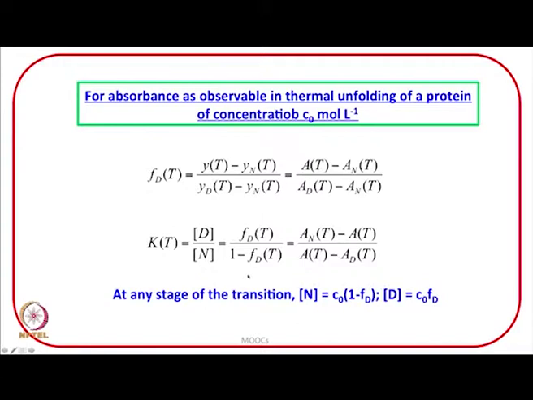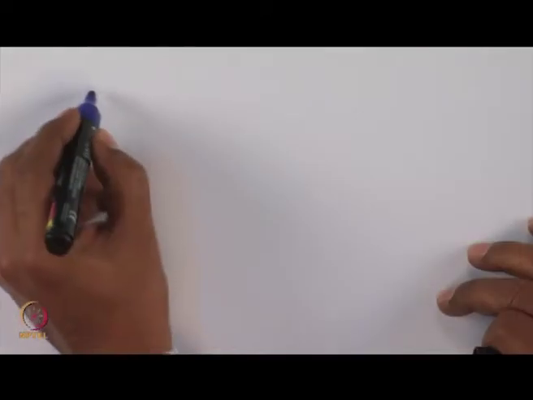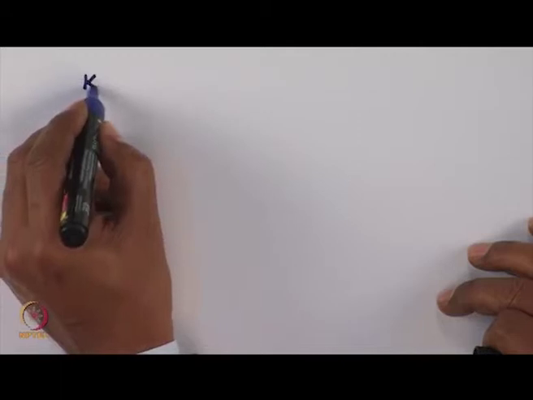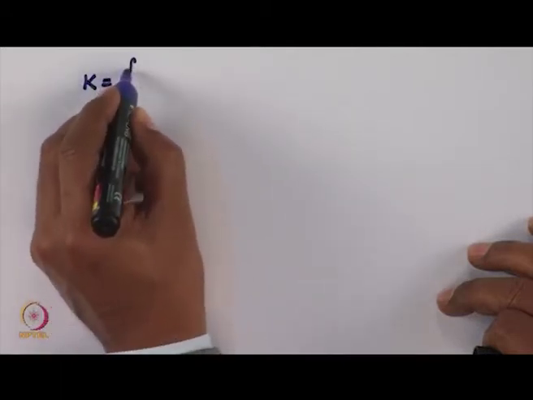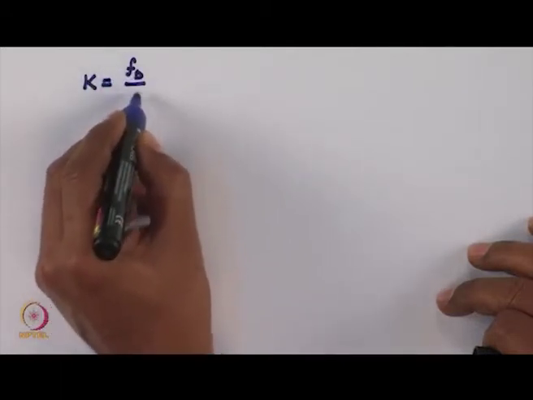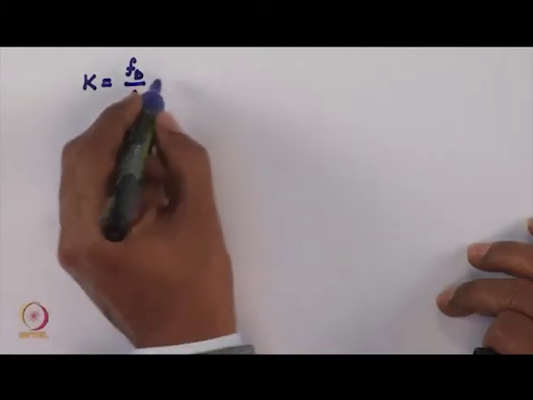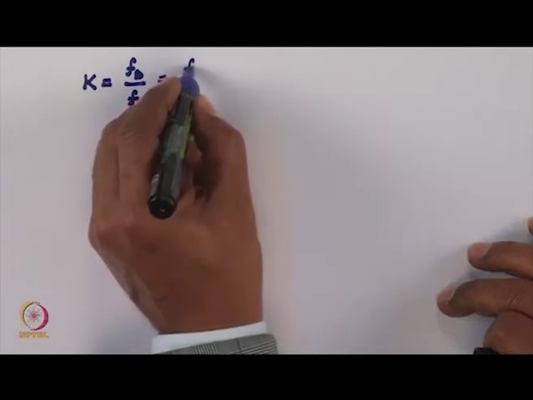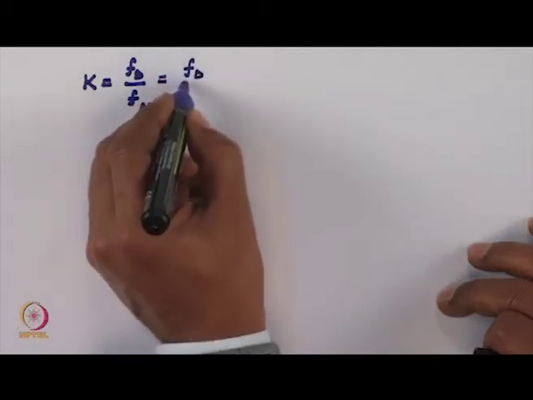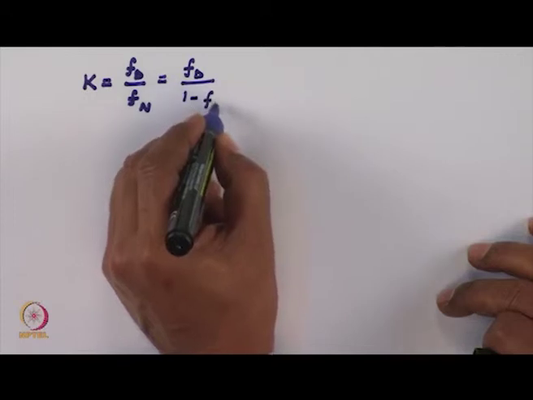Let me discuss. K will be equal to the fraction of the protein in denatured form over the fraction of the protein in native form, which is equal to Fd over 1 minus Fd.